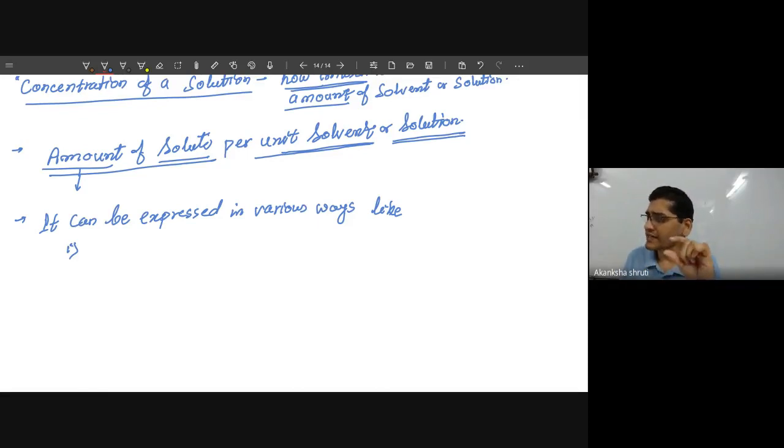That is called mass percentage. It is possible to take solute in terms of mass and solvent in terms of volume, then it is called molarity. Molarity, normality, various other things, but you need not mug up those things.